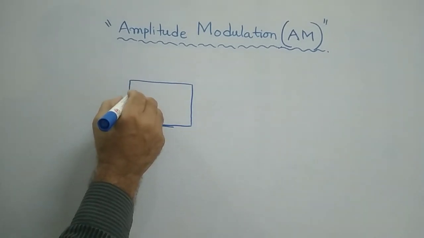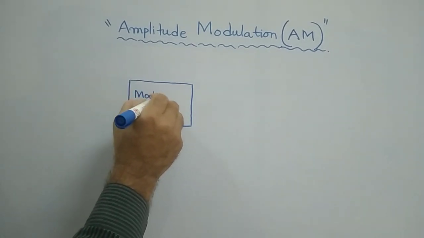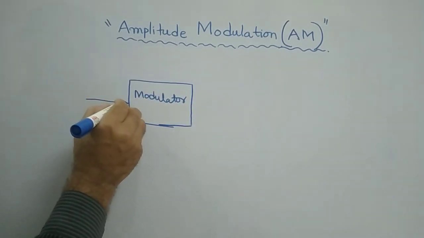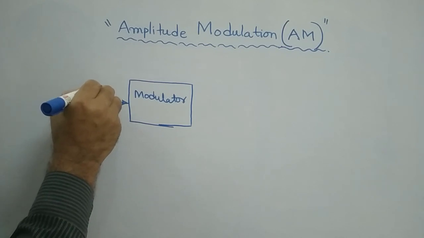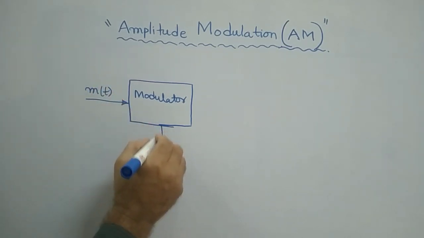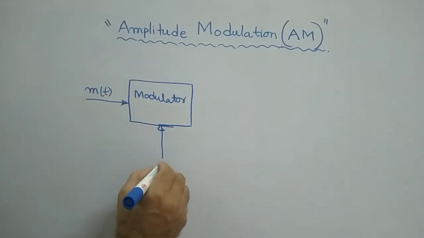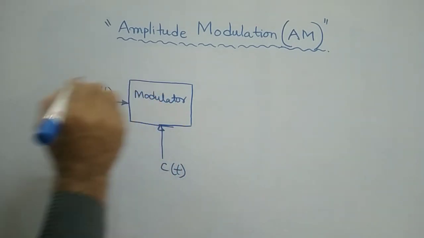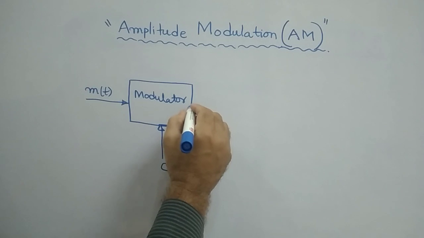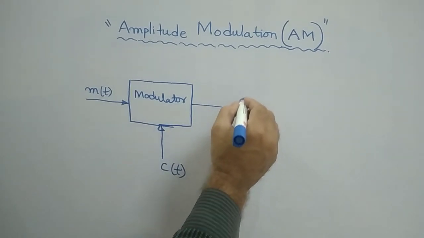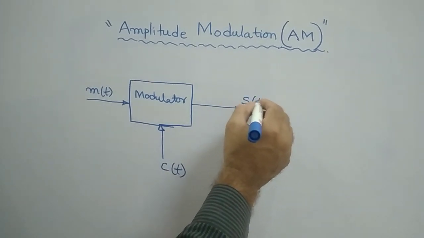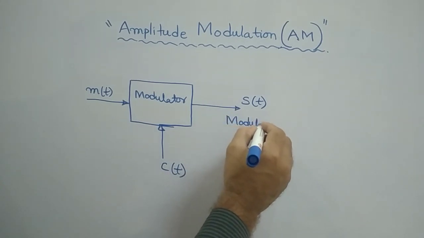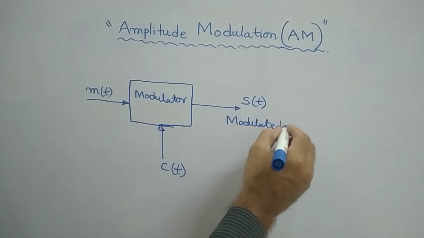This is the modulator, which needs two inputs: one is m of t, and the second one is your carrier signal c of t. These two will be multiplied here in this modulator and you will get your output, denoted as s of t. This is your modulated signal.